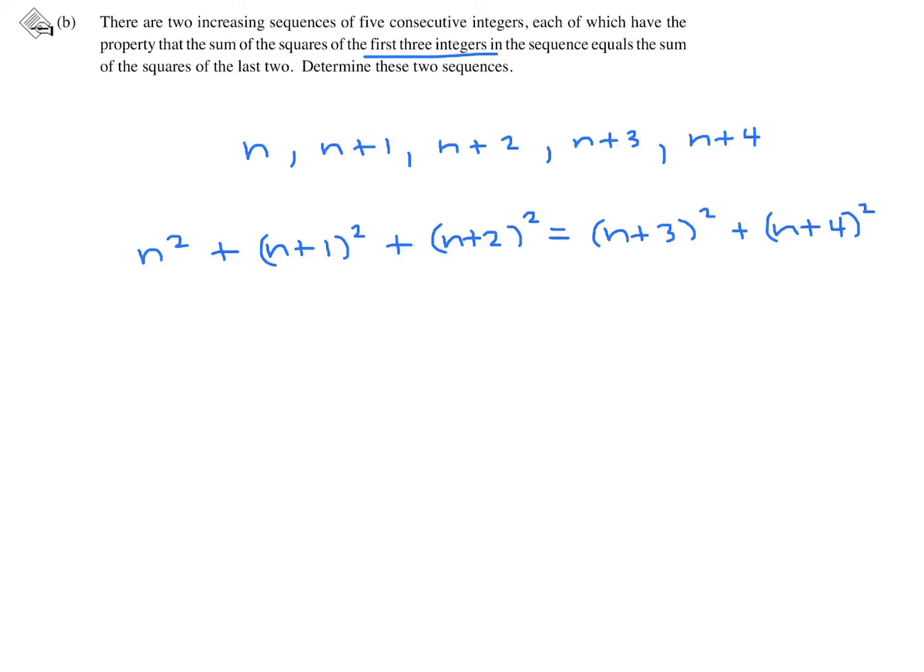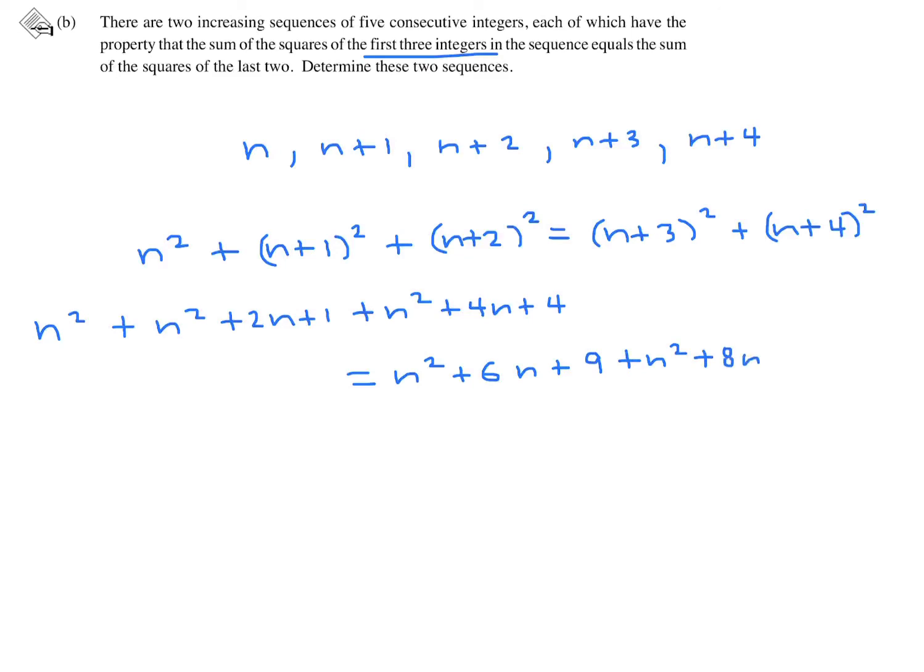So we can just expand and solve. So n squared plus 2n plus 1 plus n squared plus 4n plus 4 is equal to n squared plus 6n plus 9 plus n squared plus 8n plus 16.